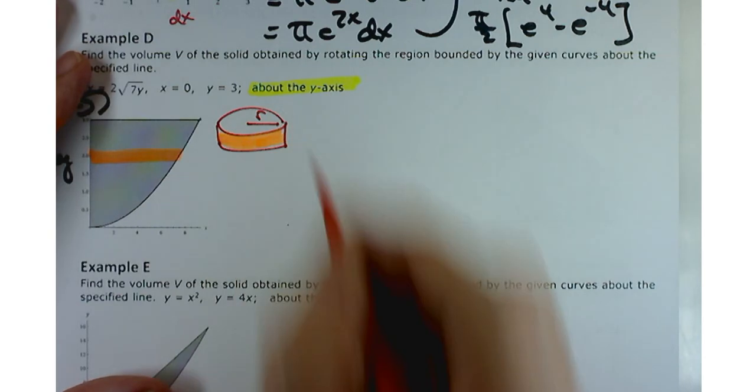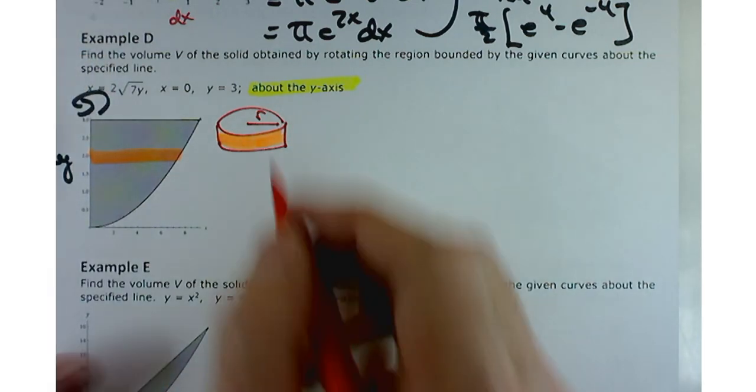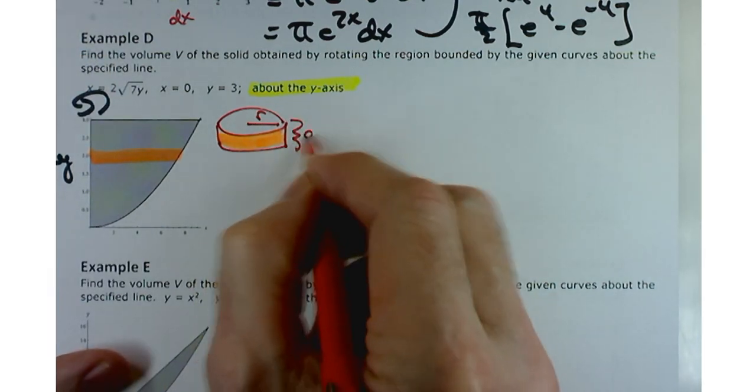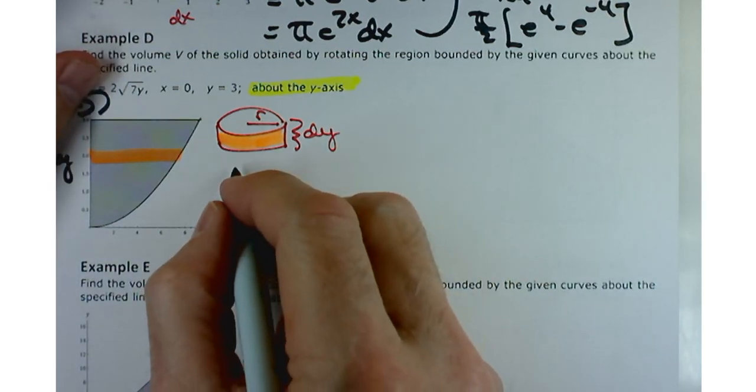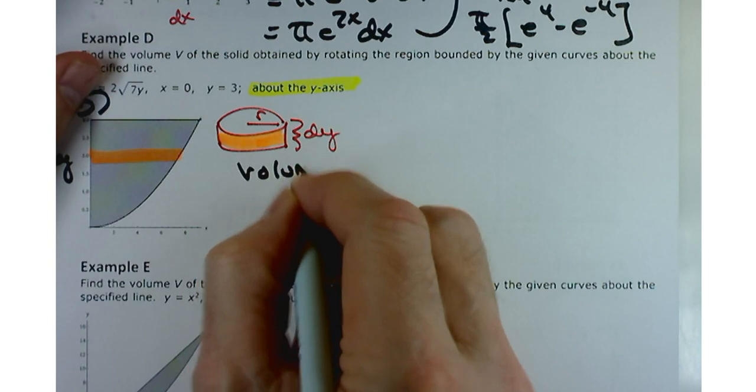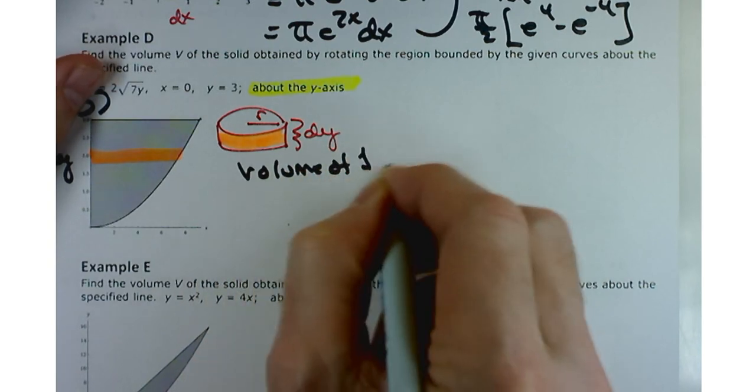So the thickness of this is now going to be dy. Okay, great. Let's see about finding the volume of one disk.